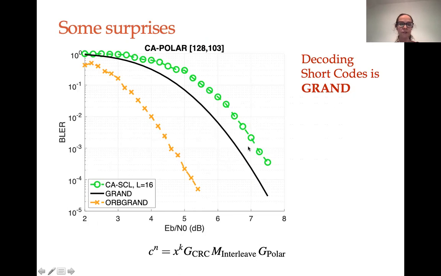In some cases, even with only hard information, we actually do better than the state-of-the-art soft decoder for CRC-aided polar codes, which is actually interesting.